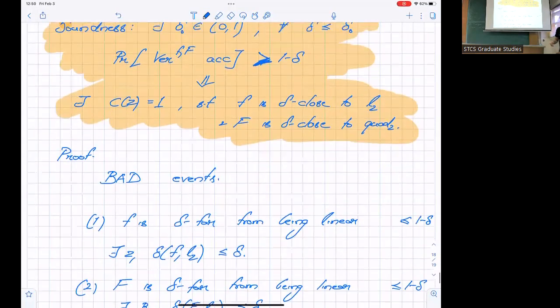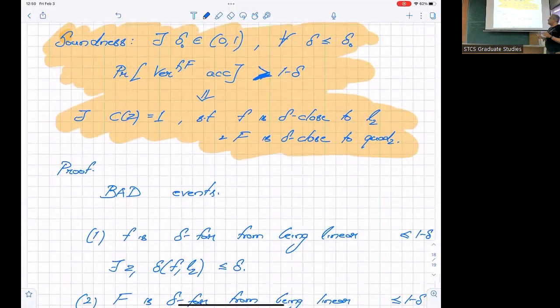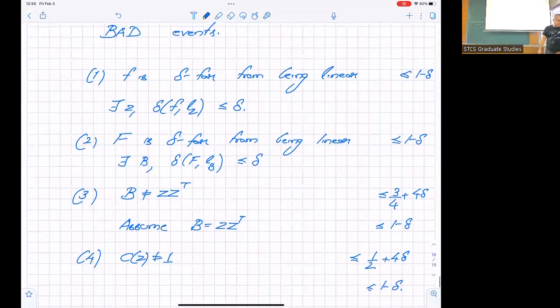Suppose such a Z does not exist. So one of the 4 events should happen. Either little f should be far from LZ, or capital F should be far from some Z prime, or they should be inconsistent, or the circuit consistency check should have failed, meaning C of Z is not one.